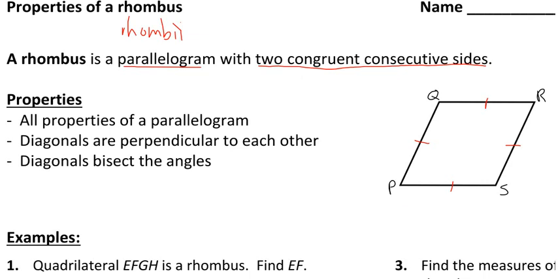But in addition to all those properties, we have two special properties that apply only specifically to a rhombus. Diagonals are perpendicular to each other. This does not happen in other figures but in a rhombus. So the diagonals are perpendicular to each other.